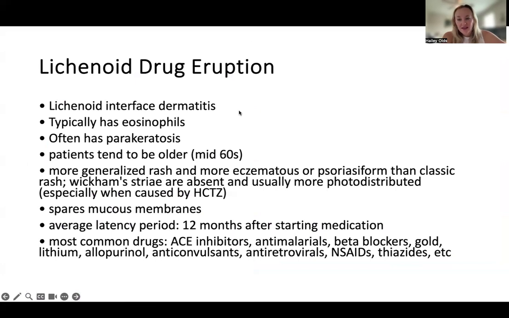It looks like lichen planus, but there are eosinophils and there is parakeratosis. These patients tend to be older, and the rash is more generalized and can even look more eczematous or psoriasiform. This typically starts around 12 months after starting the medication, so it can be really hard to pinpoint what drug it is. But common culprits are ACE inhibitors, beta blockers, NSAIDs, allopurinol, and more.